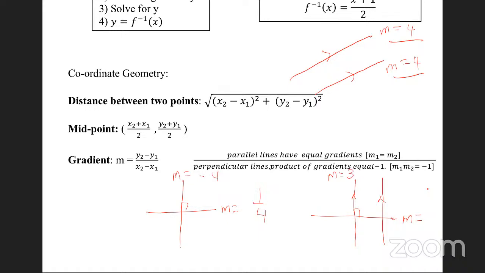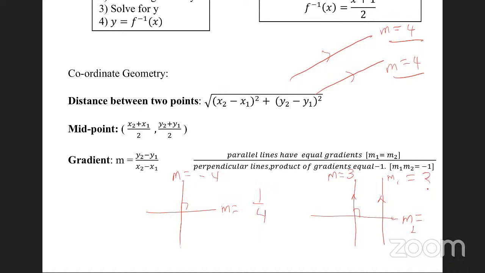What's the gradient of the next two lines? What's the gradient of M1? 3, the same value.